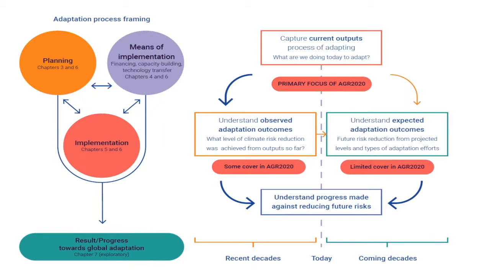Our hope is that future adaptation gap reports will be able to go further, both in terms of improving methodologies and scope of data for the output assessment, but also in terms of increasingly providing better outcome assessments, including more quantitative assessments of outcomes.